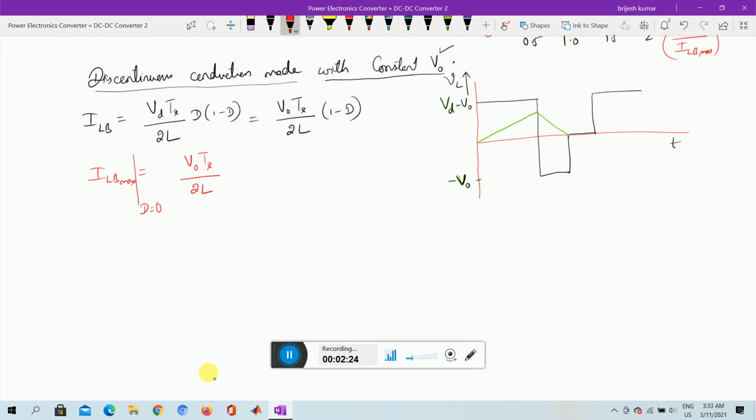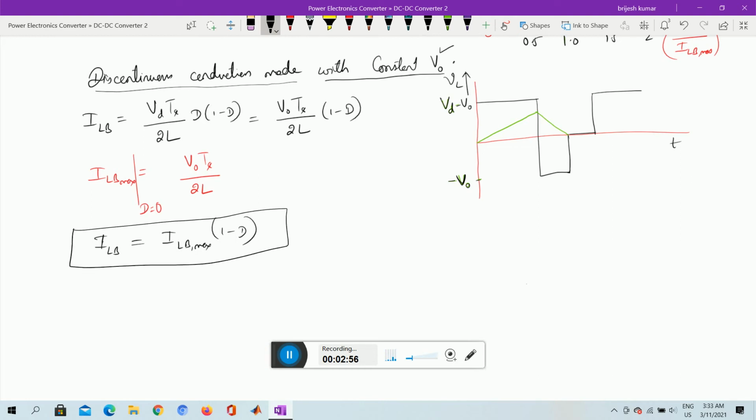So this is the value of ILB max when we write in terms of V0. Thus we can write ILB in terms of ILB max: substituting, we get ILB is equal to ILB max (1 minus D).